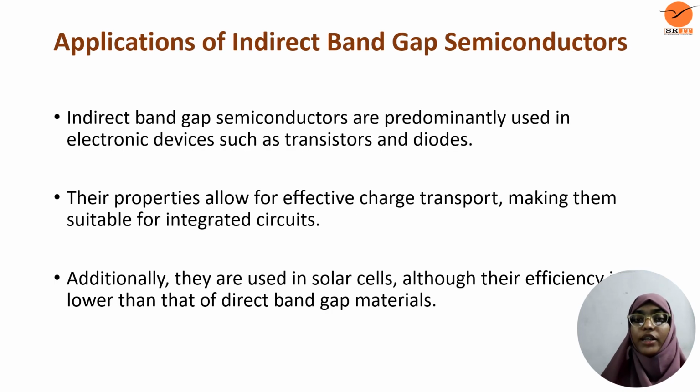Indirect band gap semiconductors are predominantly used in electronic devices such as transistors and diodes. Their properties allow for effective charge transport, making them suitable for integrated circuits. Additionally, they are used in solar cells, although their efficiency is lower than that of direct band gap materials.